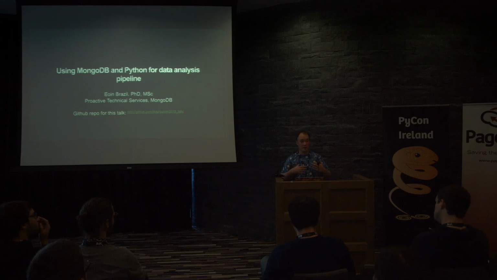Some people come to us and say, right, I have all my data in MongoDB. How do I get it out? How do I make sense of it? I'll talk a little bit today about some of the tools in MongoDB, and I'll also talk about how you can move it from MongoDB into Python, how you can manipulate it, and how you can then train models off it and use it to create your dashboard or your service.